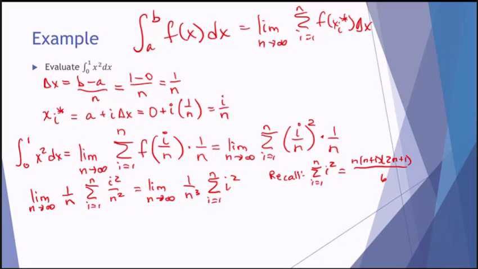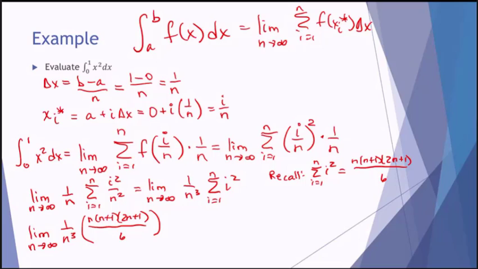And that is how we eliminate the summation notation from these limits. So we'll have the limit as n approaches infinity. We've got 1 over n cubed sitting out front, and we're going to replace the sum of i squared with n times n plus 1 times 2n plus 1 all over 6. Notice I now have a limit as n approaches infinity with absolutely no summation notation in it. So that is fantastic.